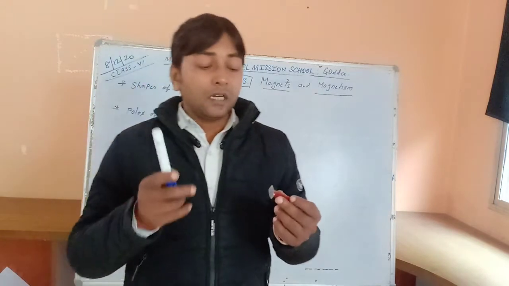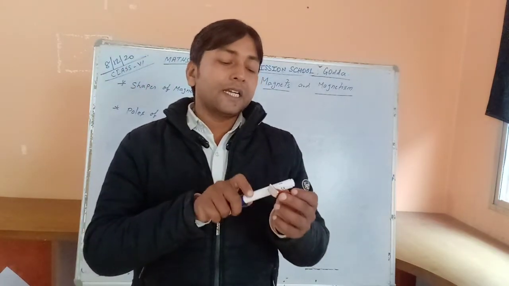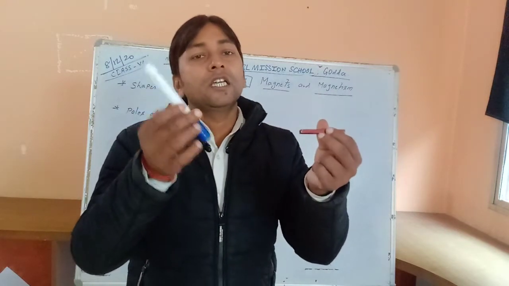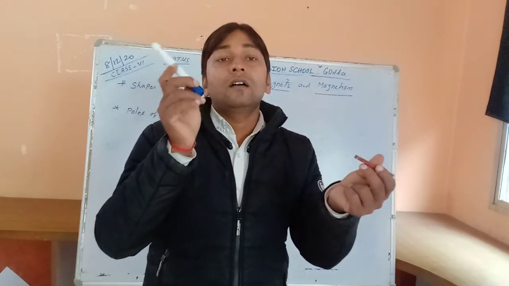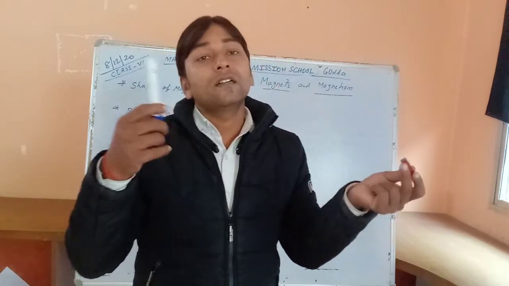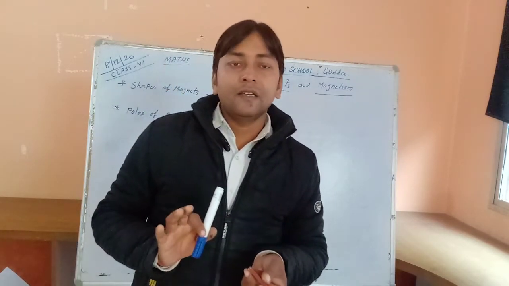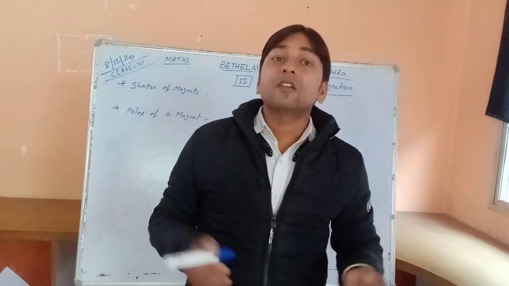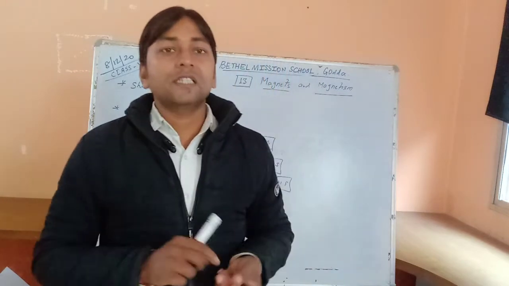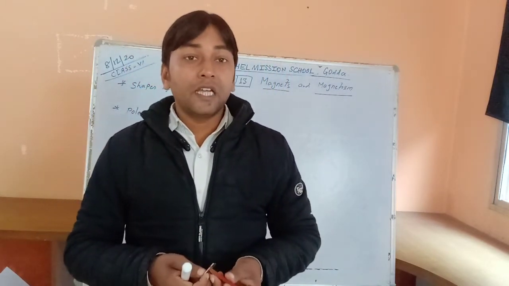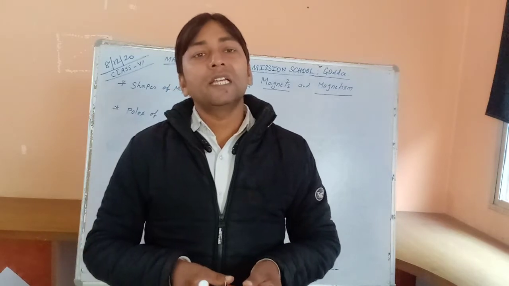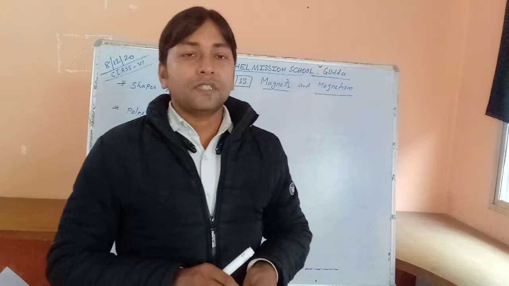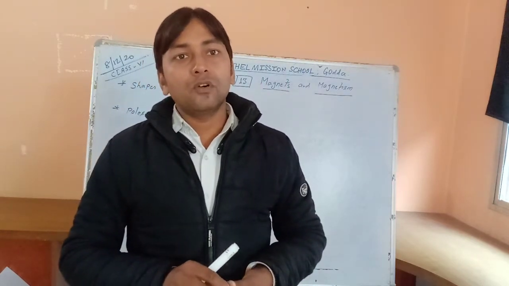But I have a marker pen. If I touch it to a magnet, it is not attracted. So this is a non-magnetic material. Plastics and woods are examples. These are non-magnetic materials or substances, and the substances which can be attracted by a magnet are known as magnetic substances. Okay, I hope you got it.